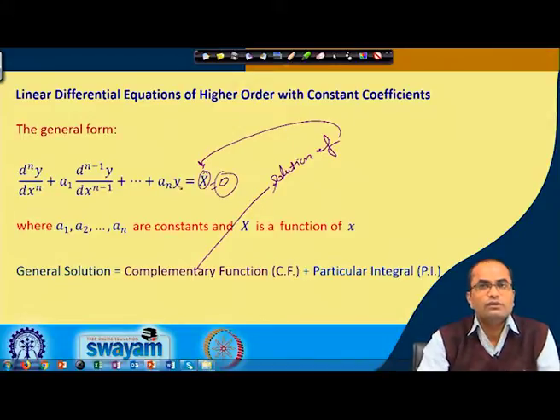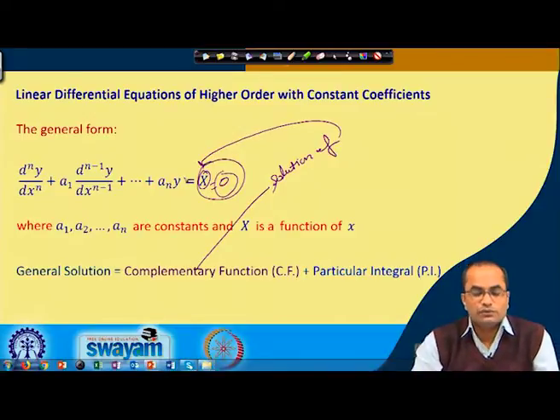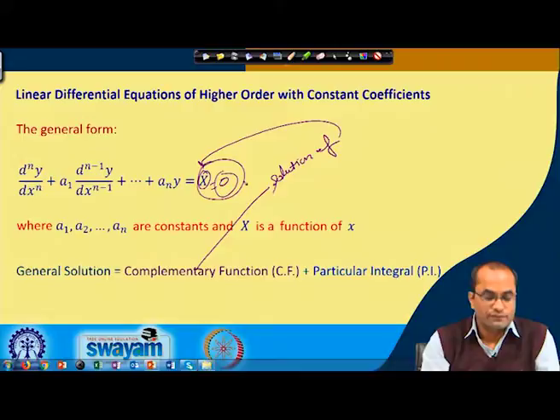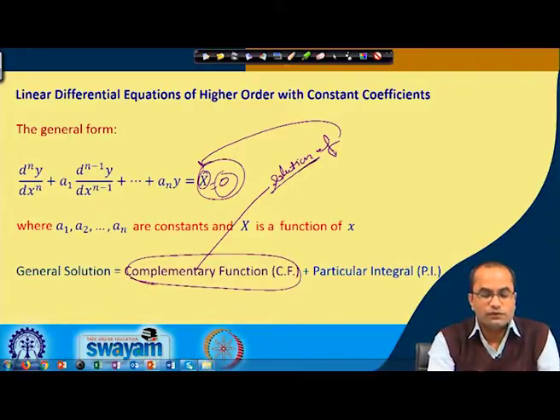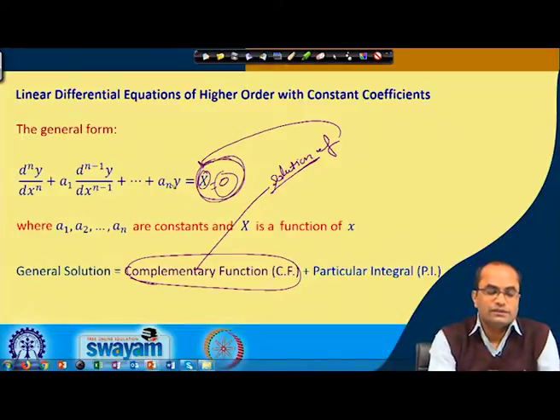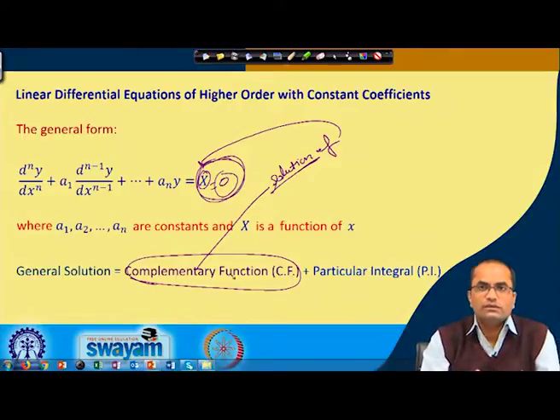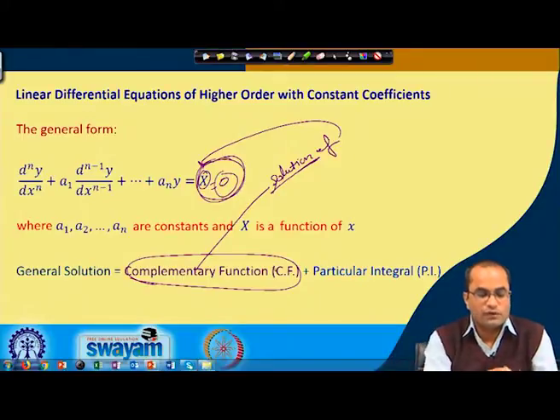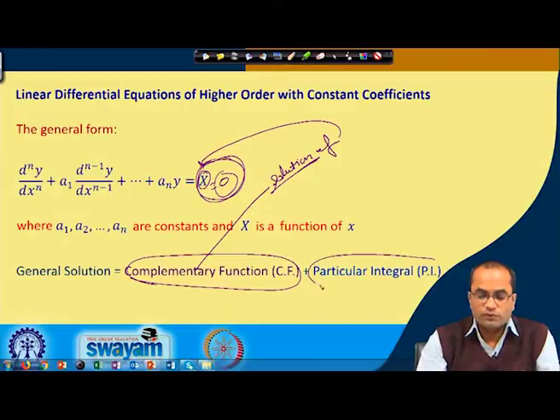So the corresponding homogeneous equation, obtained by setting the right-hand side equal to 0, is what we call a homogeneous equation, and the complementary function is the solution of this corresponding homogeneous equation. We will talk more about how to get the solution of this homogeneous equation in the next lecture, and also about the particular integral.